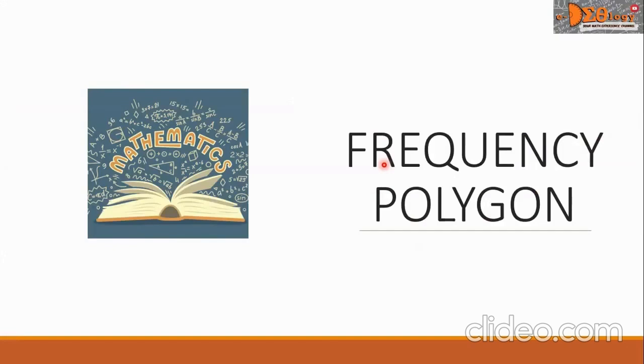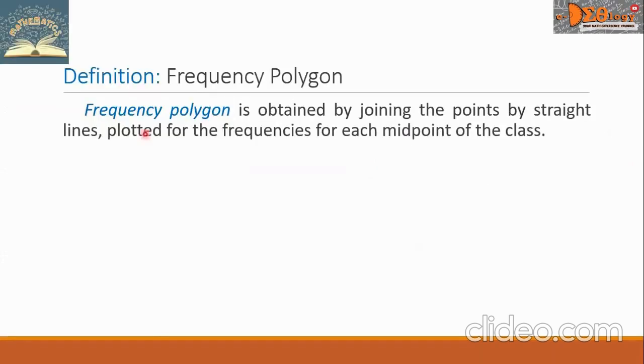Hi everyone. Today we're going to study frequency polygon. Let us define frequency polygon. Frequency polygon is obtained by joining the points by straight line plotted for the frequencies for each midpoint of the class.